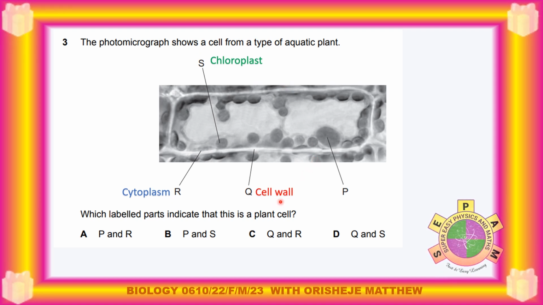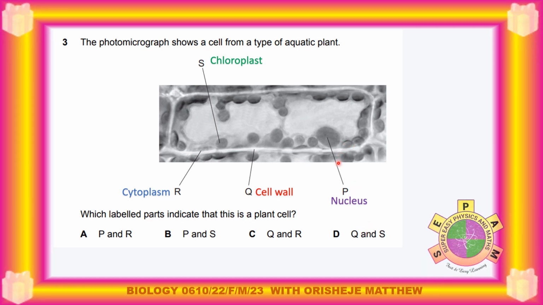Then we have the cell wall. The cell wall is turgid and helps to keep the plant in shape because it contains the palisade. Then we have the nucleus, which is the part that controls the activity of the plant cell.